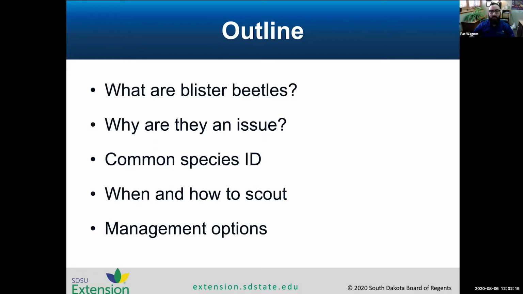I'll show some examples of the common species that we have in South Dakota and how to identify those pretty quickly. Then I'll talk about the best time to scout for blister beetles, when you need to start doing that, and how you can go about scouting for them. We'll finish off with some management options if you do have a blister beetle infestation, or how to avoid that, and how to handle that kind of situation.